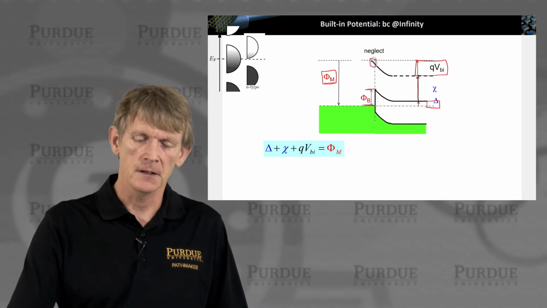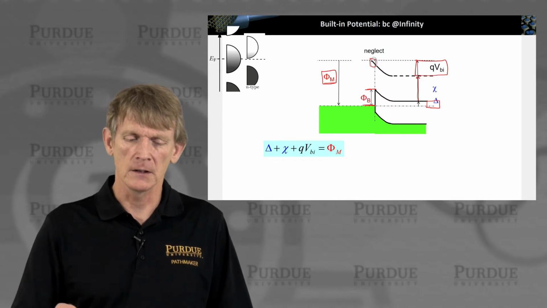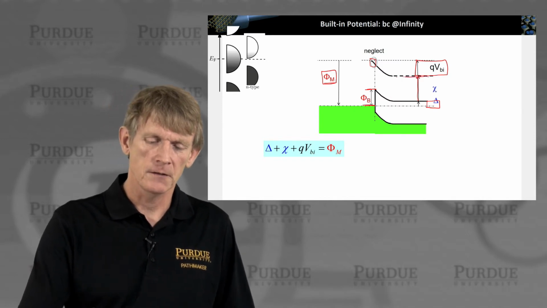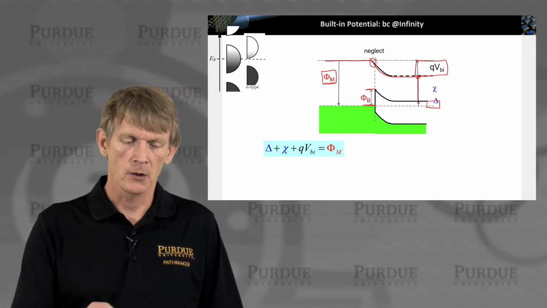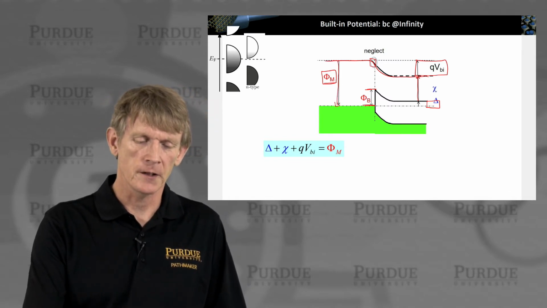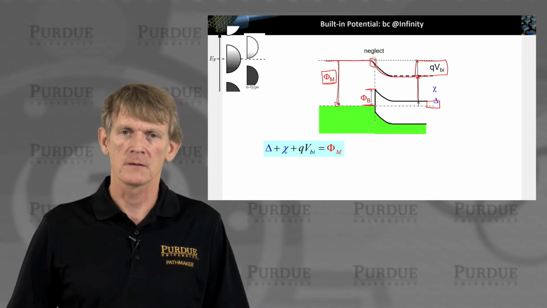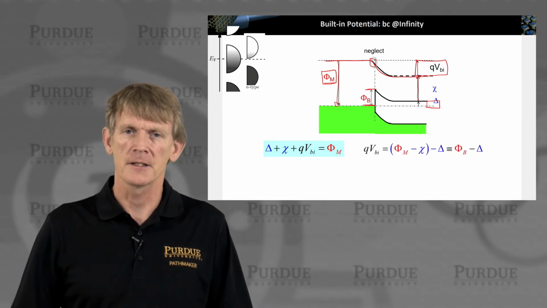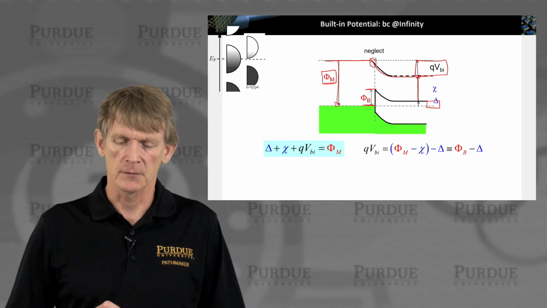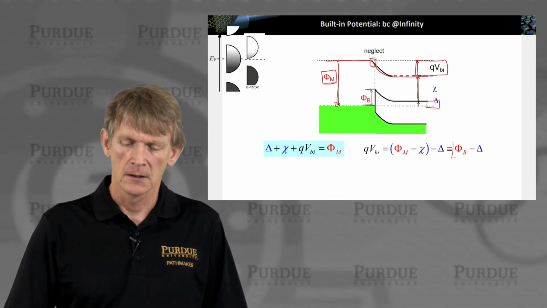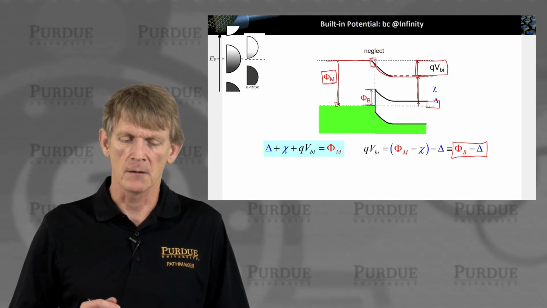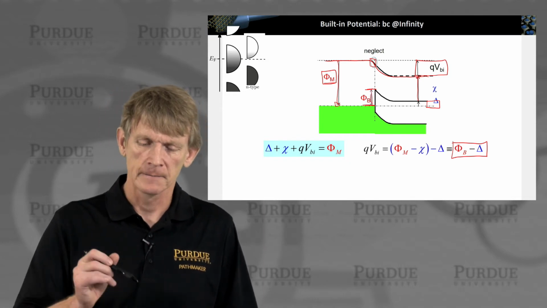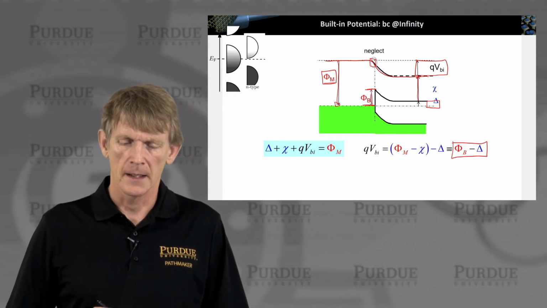We have the affinity to the vacuum level, and we had transitioned the vacuum level all the way around to the metal, and going back down to the Fermi level in the metal work function, we now know what the built-in potential must be. So we can reduce it to the built-in potential being the difference between the barrier energy here and delta.